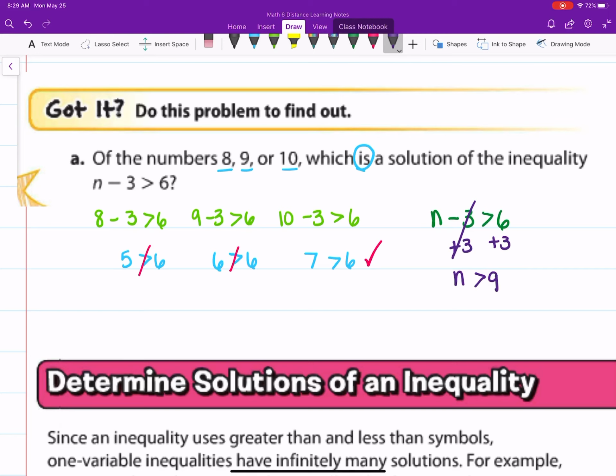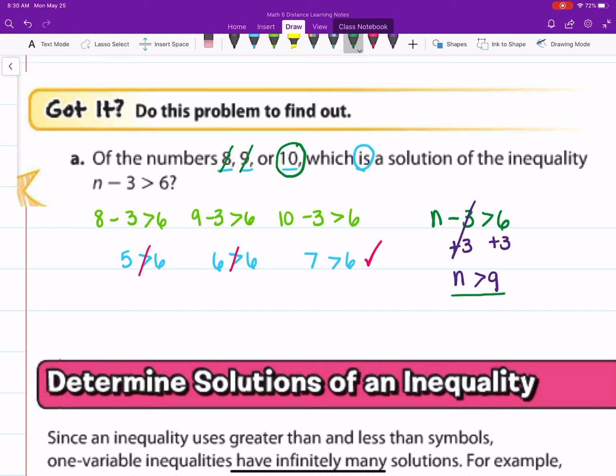I just solved and proved to you which of the 3, 8, 9, or 10 was the solution for this inequality, because by isolating my n, I was able to determine that n must be greater than 9. Well, that means it couldn't be 8. And if it has to be greater than 9, it can't be 9. So the only number that fits of those 3 that was given was 10.